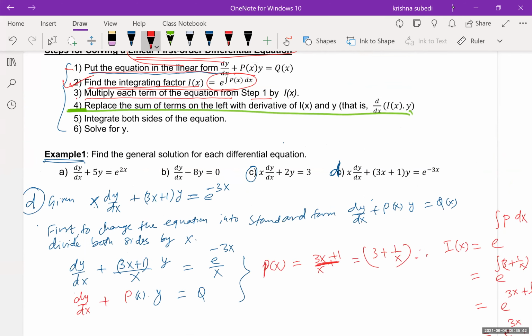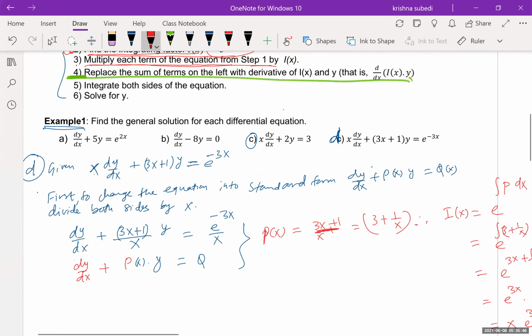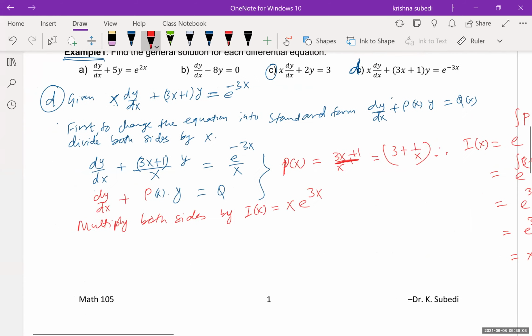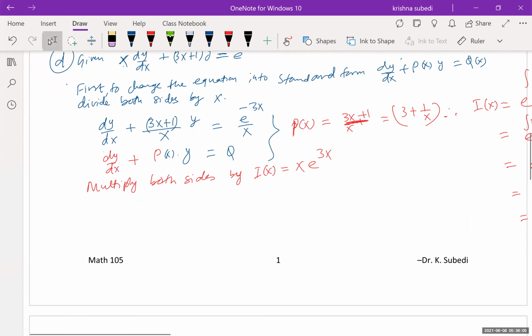Step 2 is done. Step 3, multiply each side by the integrating factor, which is x e to the 3x.